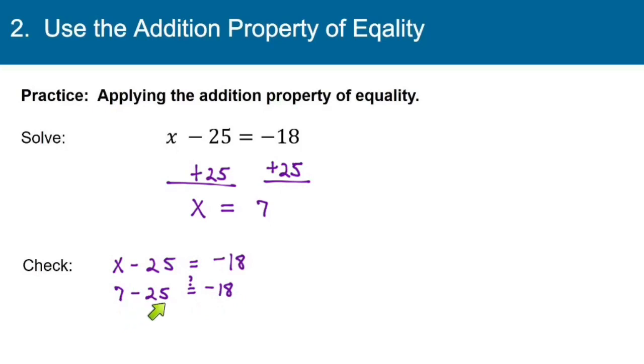So we need to work out what we have on the left side. Now 7 minus 25 could be restated as 7 plus negative 25 if you need to do that. And then you can see that when we subtract and use the sign of the larger number, the left side gives us negative 18 and the right side gives us negative 18. And so now we have a true statement, and this is verifying for us that our solution was correct.